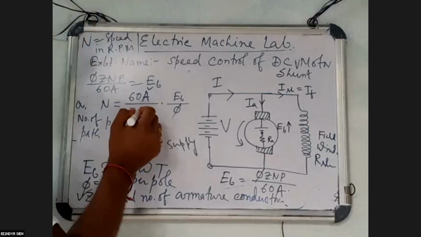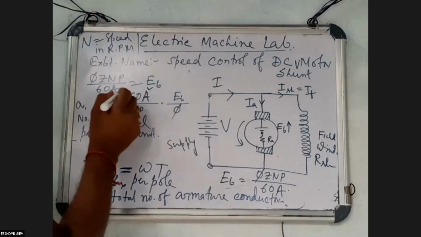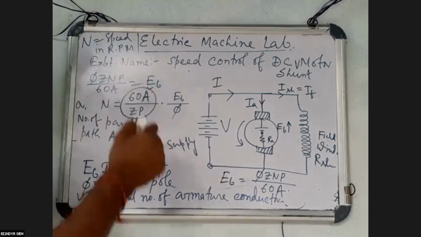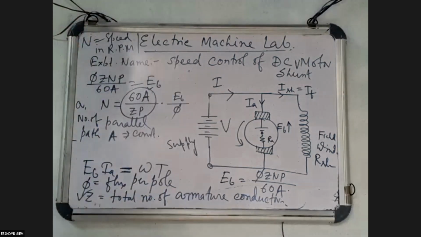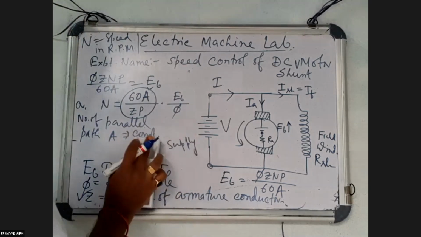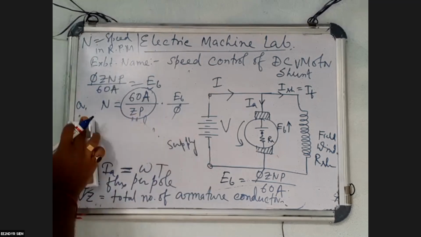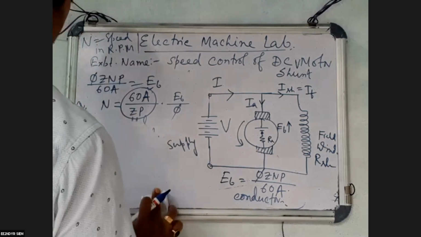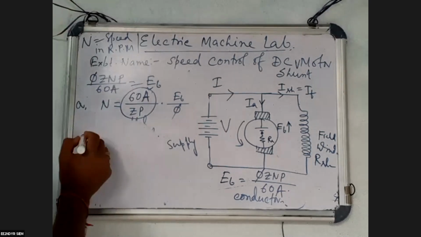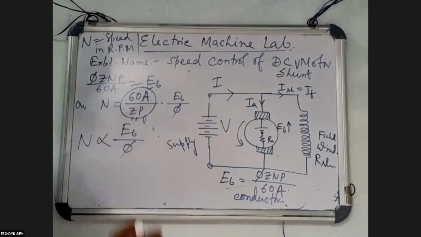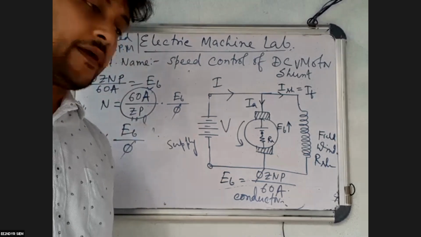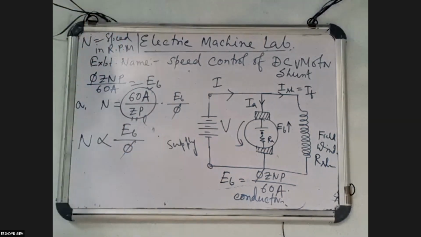And number of field poles P is also a constant term. That means this particular thing, 60 into A by Z into P, is constant. So in that case we can write N is proportional to EB by φ. Clear? N is proportional to EB by φ.